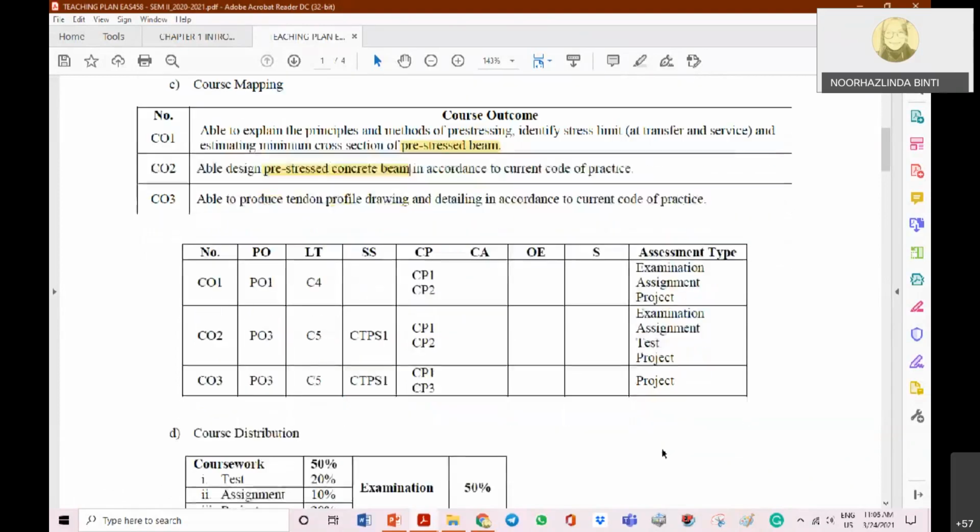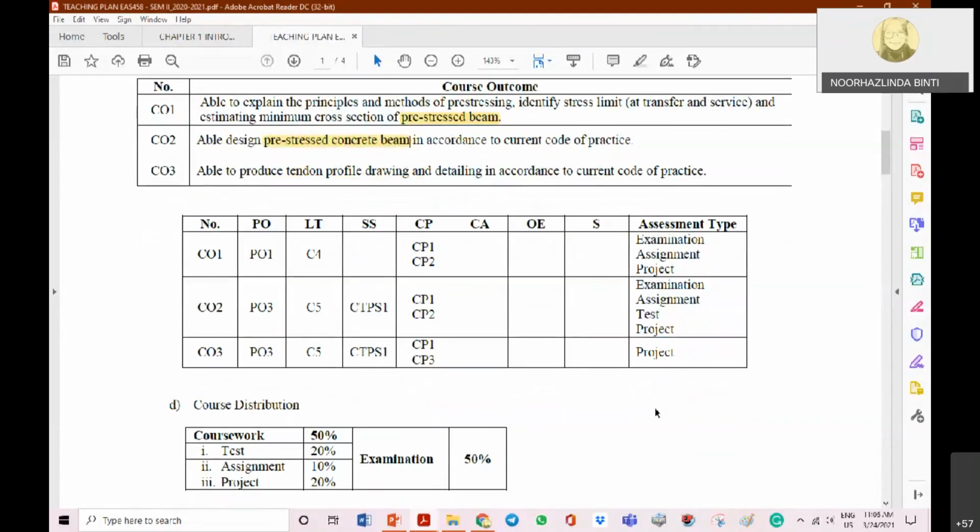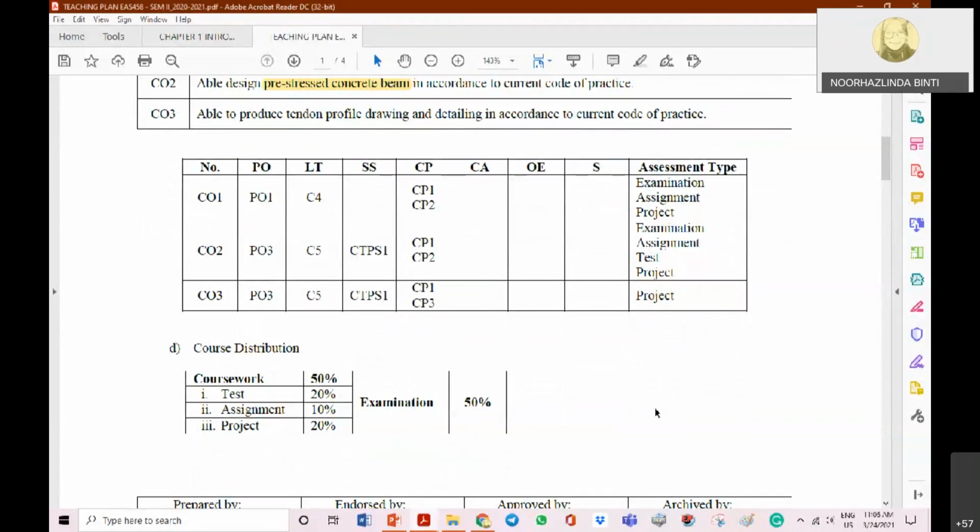So basically, if you look at this part, we can conclude that for this semester, there will be 50% coursework and 50% exam. Under this coursework, there will be 3 components. We will have tests. There are 2 tests, each worth 10%.